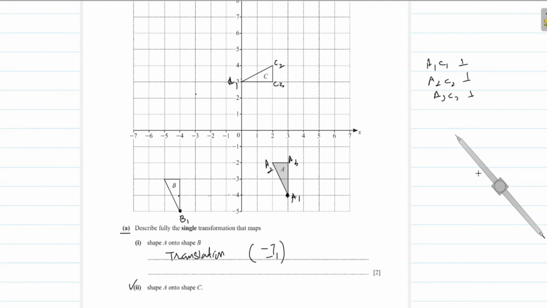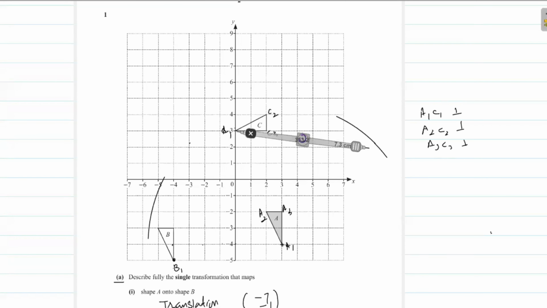Now let's draw the perpendicular bisector between A1 and C1. Firstly, we will draw an arc on the left side, taking A1 as a center. Next, we will draw an arc on the right side, taking A1 as a center. Next, we will draw an arc taking C1 as a center on the right side.